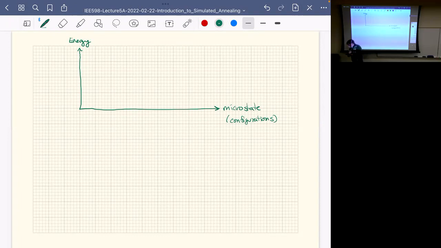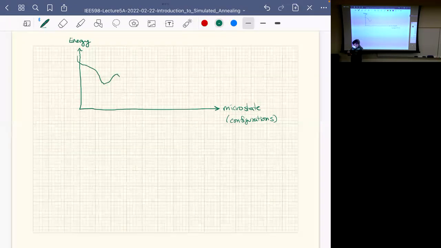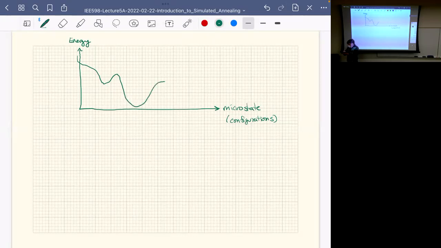The idea here is that for a system, we might have a particular energetic landscape. Let's say it's got some local minima, a global minima, maybe another local minima, maybe more local minima, and so on. And here I've got this minimum energy configuration.